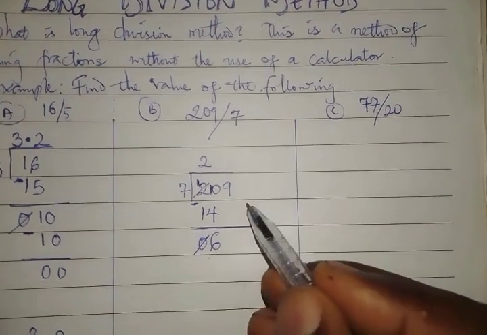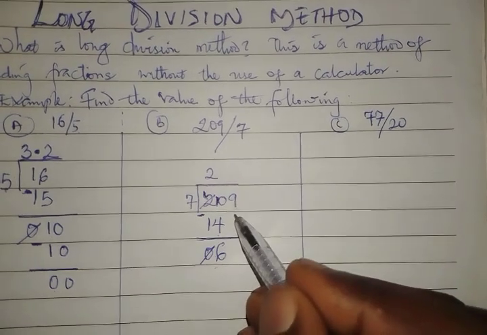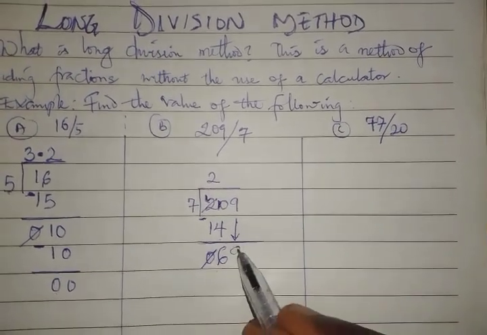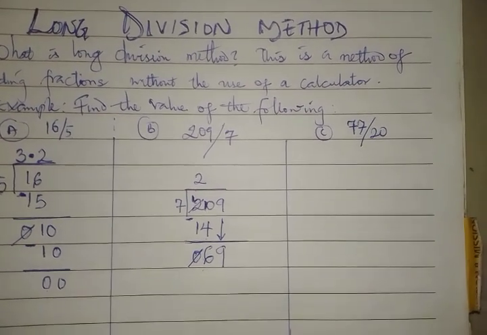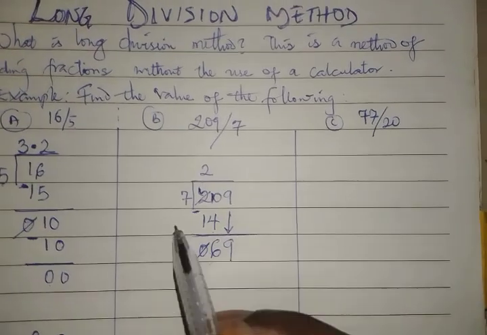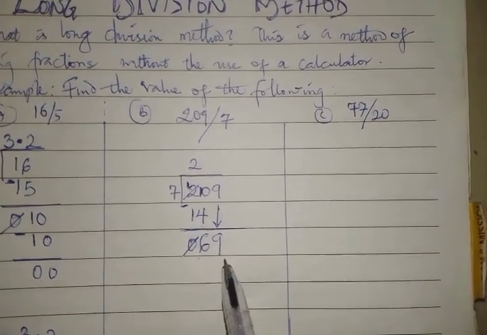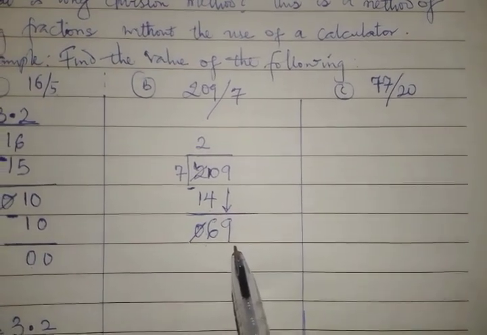Now what do you do with this 9? You use an arrow to bring down the 9. Now we are no longer having 6 but 69. Now 7 in 69. 7 times what is closest to 69?